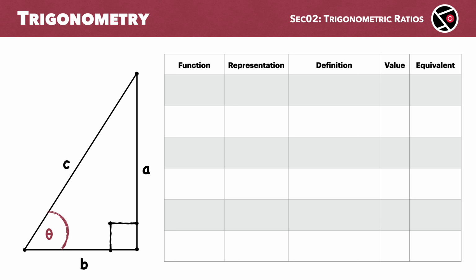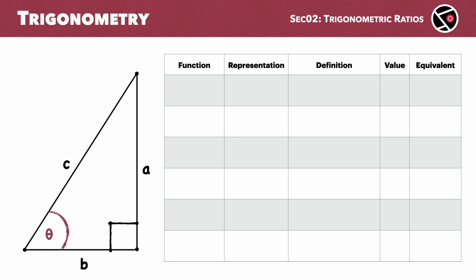Each of these ratios has a specific name and is represented by what we call trigonometric functions. But here is the key point. These ratios are always calculated with respect to a specific angle in the triangle. In our example, the reference angle is theta.